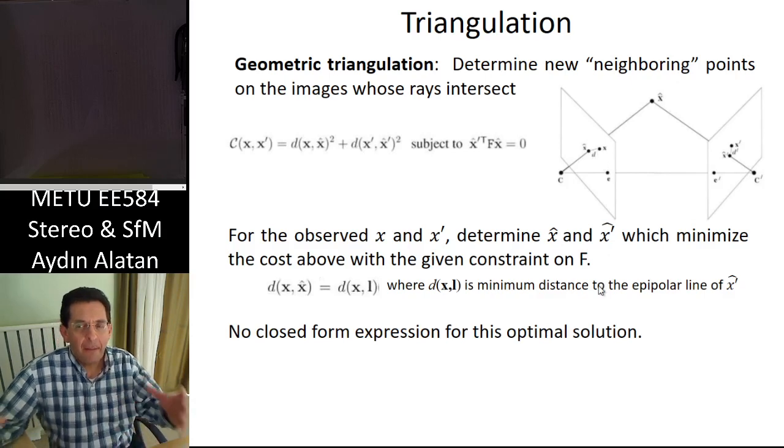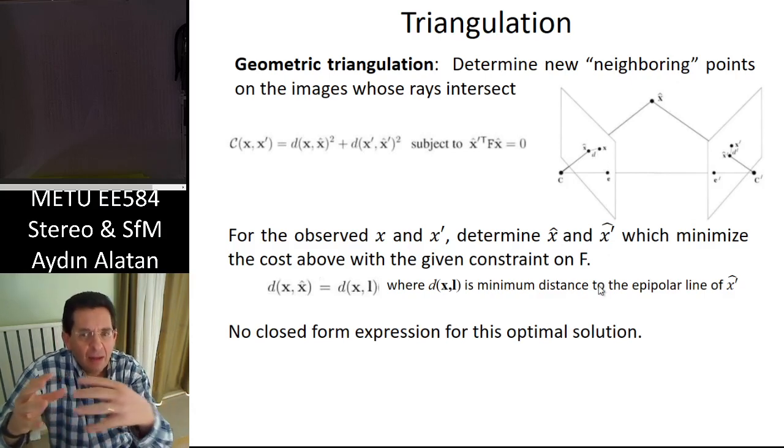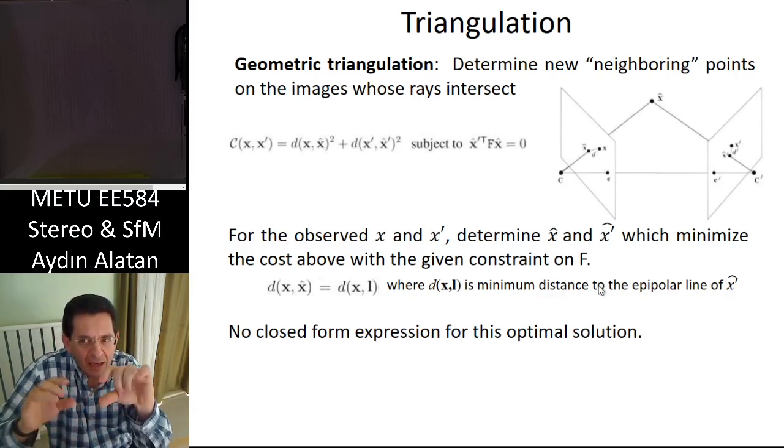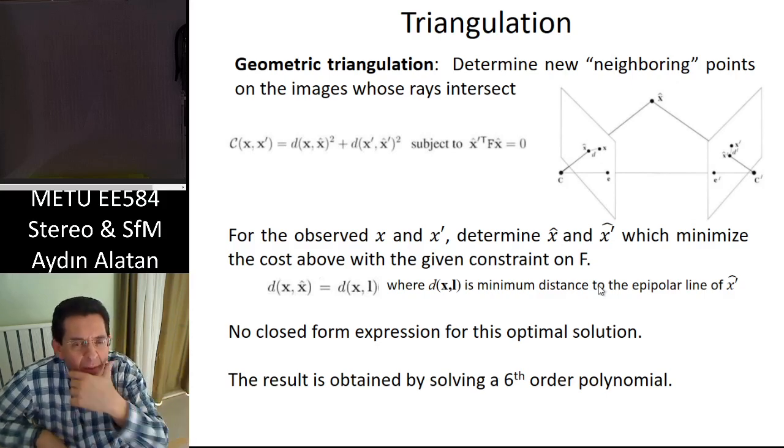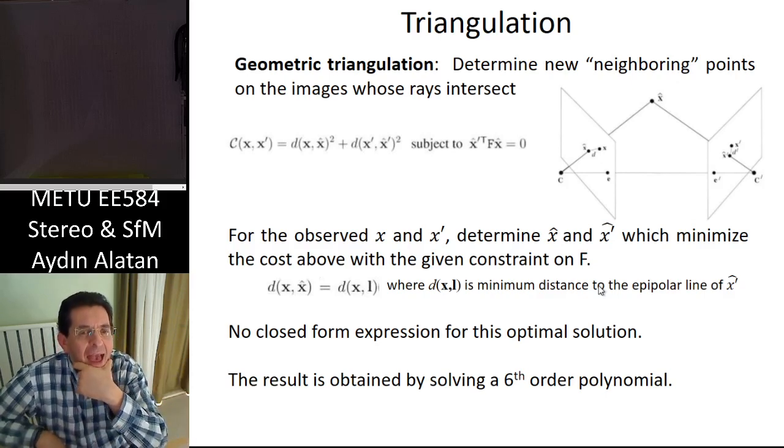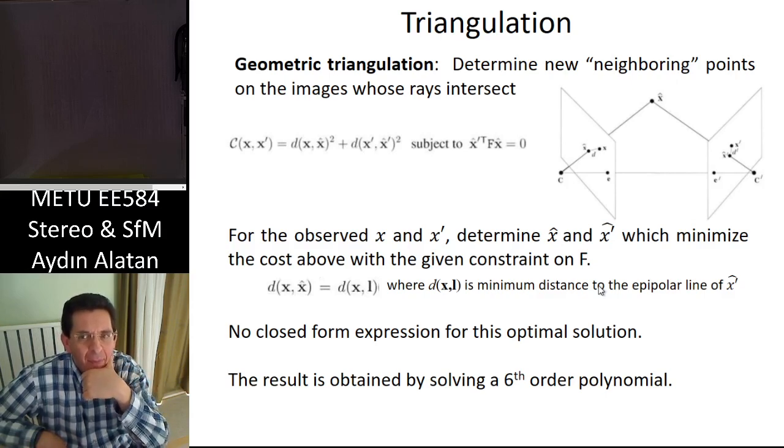Now, if there is a longer solution to that, you can have a function which is a polynomial of sixth order. By doing some mathematical tricks, at the end you are able to obtain your epipolar lines and the corresponding x cap and x cap prime.